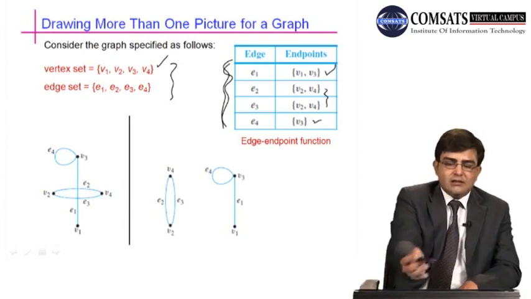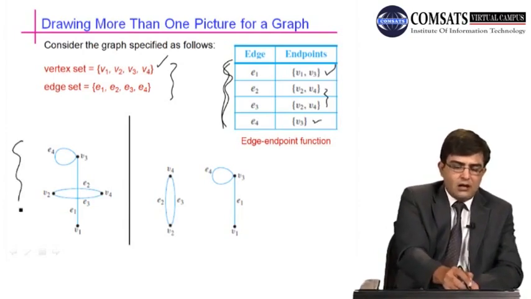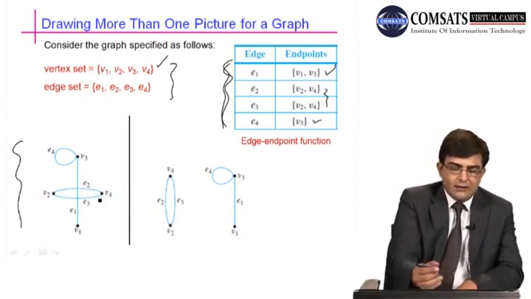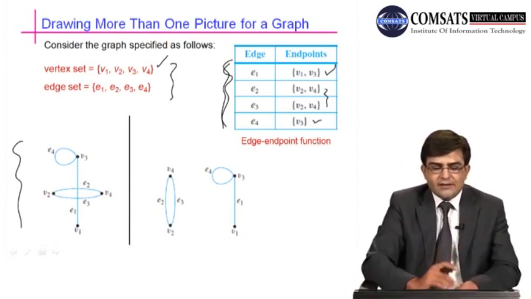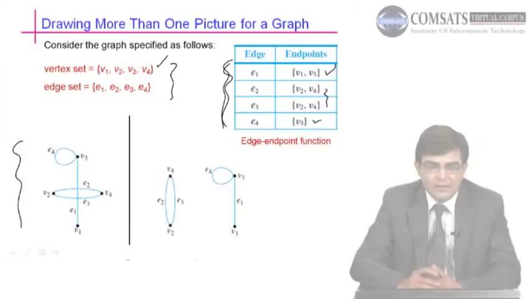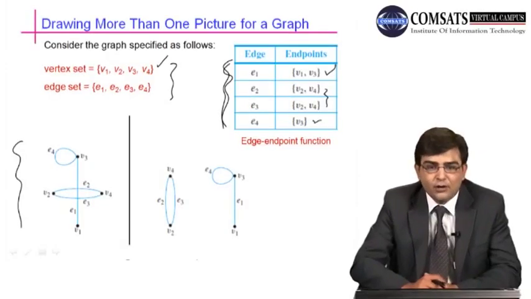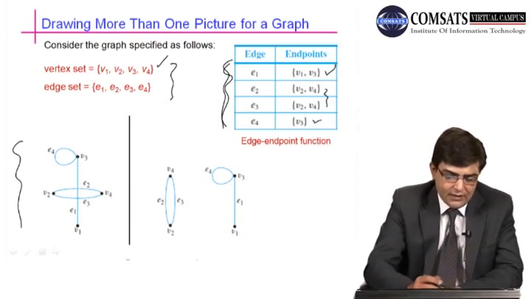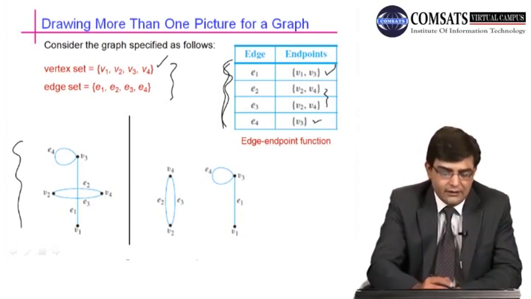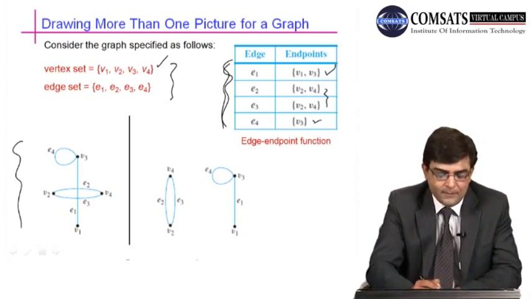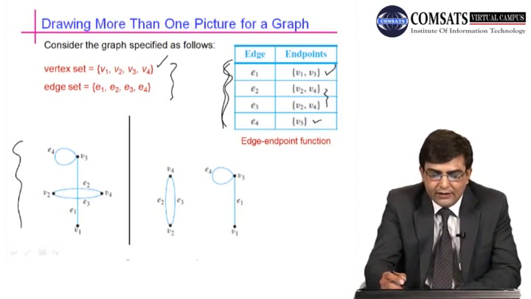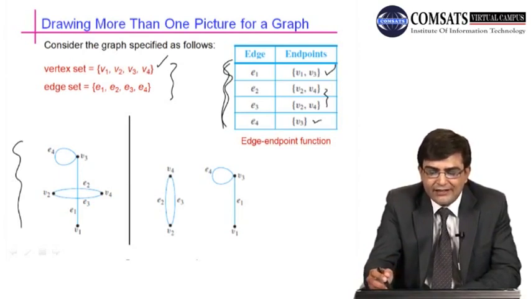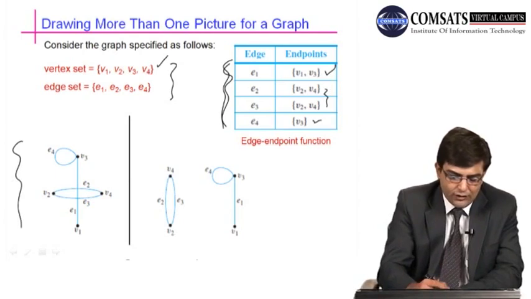So here, using the same information, vertex set, and edge endpoint function, I shall show you that we can draw two different graphs which look different, but the information in that graph is the same. So one way we can plot this graph is by placing V1 here, V2 here, V3, V4 here. According to the edge endpoint function, the endpoints of E1 are V1 and V3, so we connect V1 to V3.